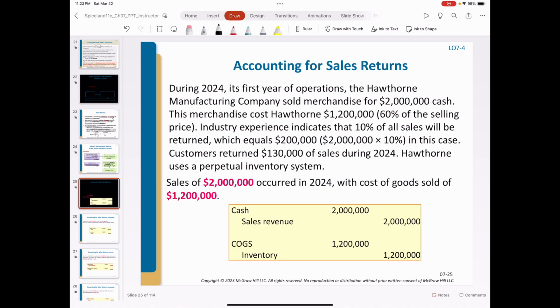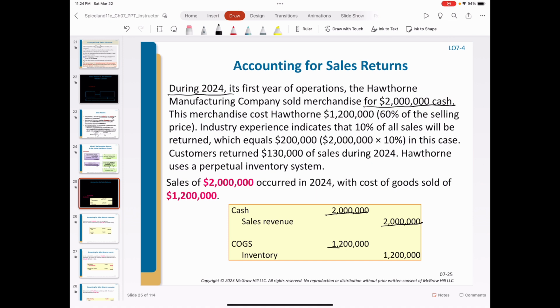So here is how we account for the sales return. During 2024, the company sells merchandise for $2 million cash. So we debit cash, credit sales revenue. And also the cost of this merchandise was $1.2 million.